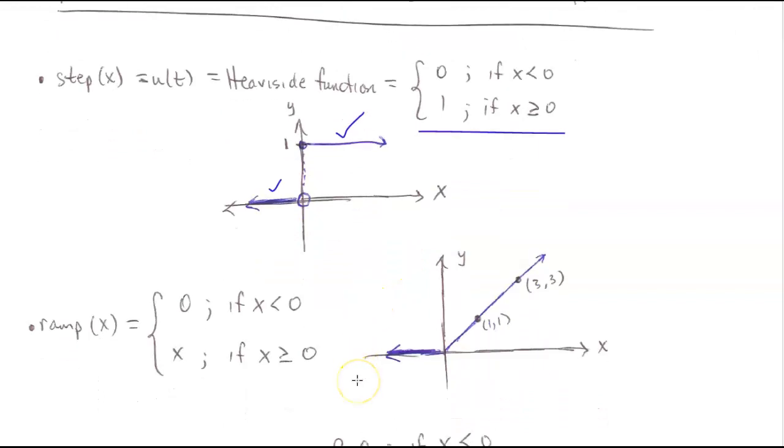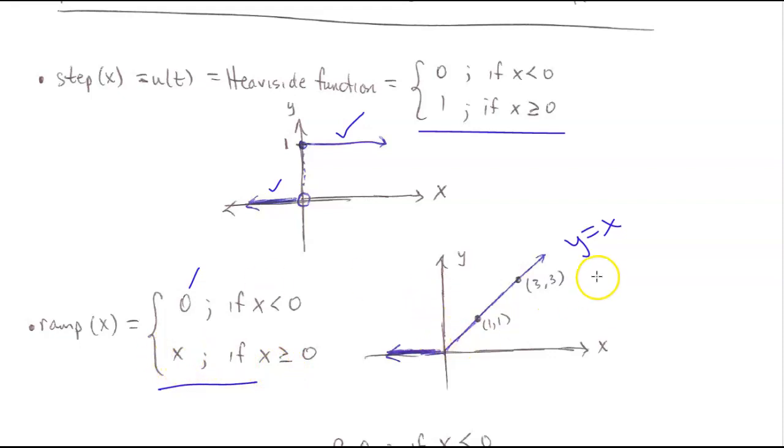Your ramp function is just as it sounds. Okay, so y is equal to 0 until x is equal to 0, and then from x equals 0 on up, it ramps up, and it's essentially the function y is equal to x. So here, piecewise, y is going to be 0 until x is equal to 0 or higher, and then it just looks like y equals x.